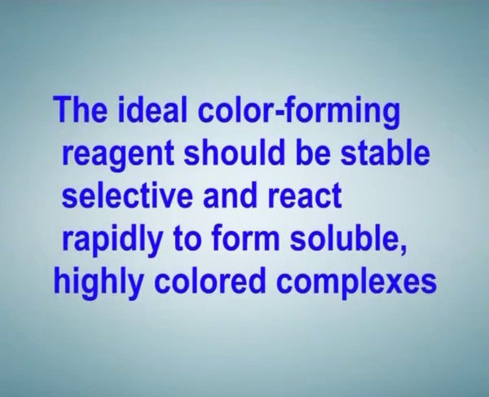The ideal color forming reagent should be stable, selective, and react rapidly to form soluble, highly colored complexes. The colored complex should have a high absorptivity and be free from variations in color due to minor changes in pH or temperature.